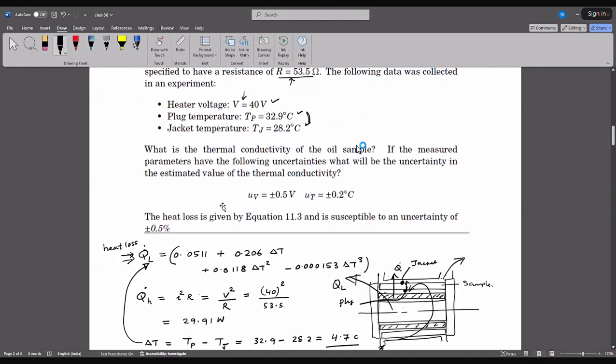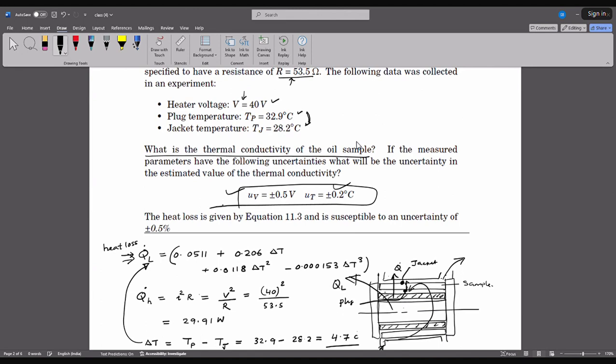The next part we answer: if the measured parameters have the following uncertainties, what will be the estimated uncertainty? The voltage has an uncertainty of 0.5 volt. The temperature has an uncertainty of 0.2 degrees centigrade.